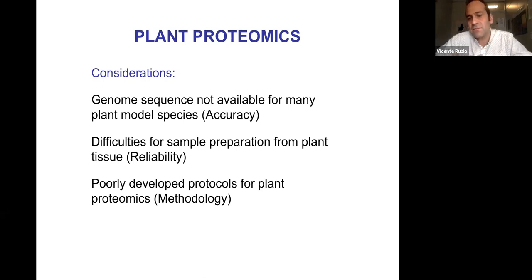Then plants are always challenging when we want to extract proteins from them, and it varies from plant species to plant species. Many protocols have been set up for Arabidopsis, rice and maize, but it doesn't mean that they can be easily transferred to other plant models, because of the particular chemical or physical properties of the cell compartments or cell walls in those plant systems.